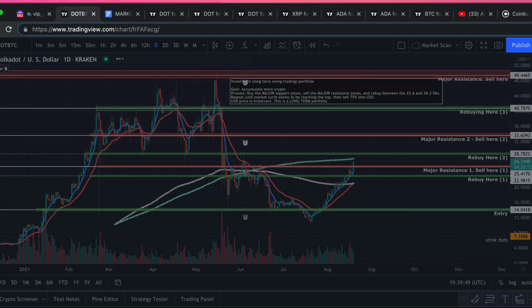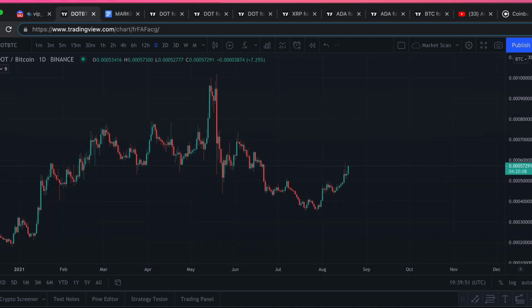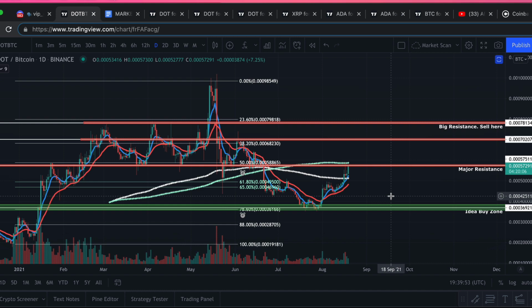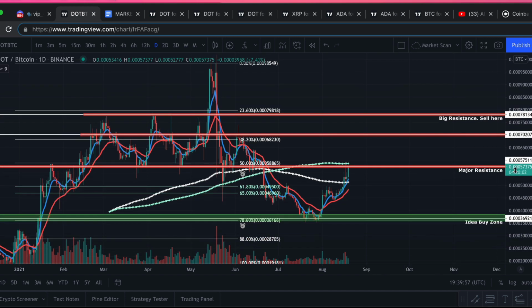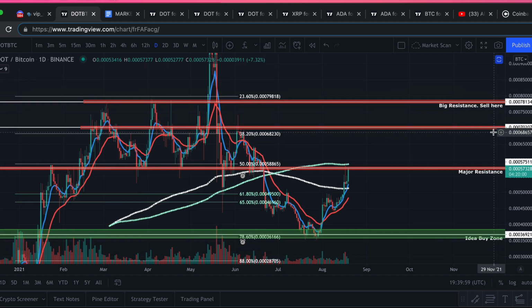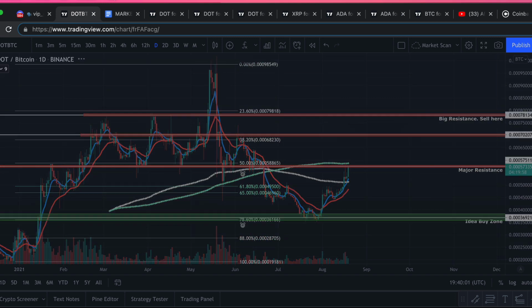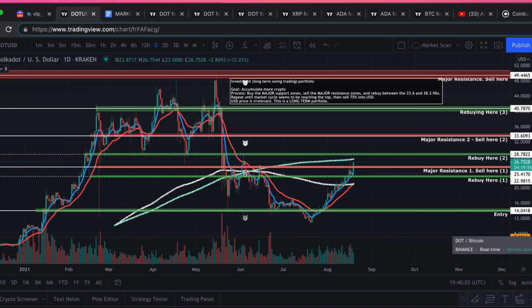And now let's go to DOT Bitcoin. It's hitting major resistance right now on the Bitcoin pairing, but I already sold and bought back in on my USD pairing.